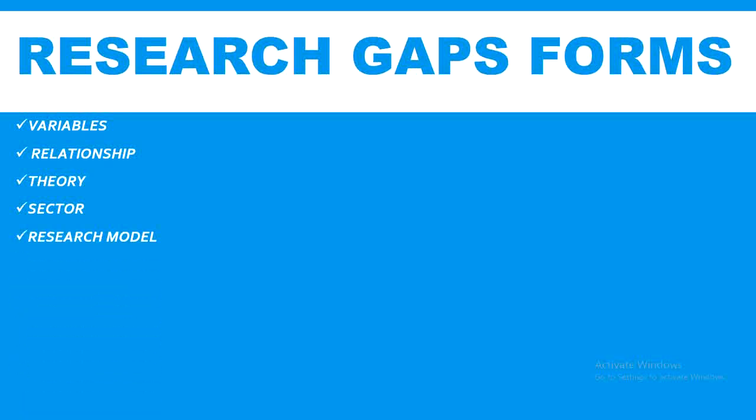Form number 5, research model. Yes, you can also find a research gap in the form of a model. First, you have to be pretty sure what is the research model used in that particular research or in your base paper. When you are pretty sure about that, then you can find your gap from the research model by studying that model, the variables, the relationships which they have studied, and you have to brainstorm which variables, which relationships they could have studied and they have missed.